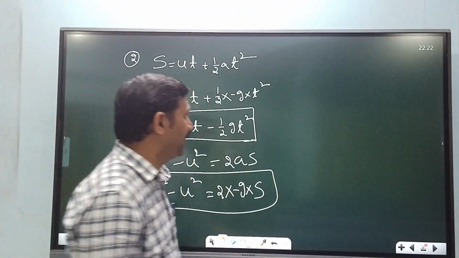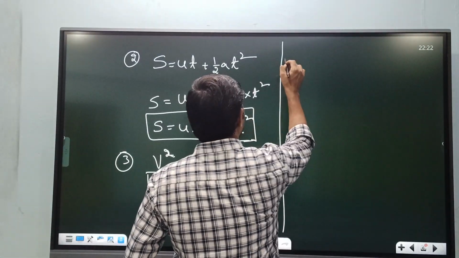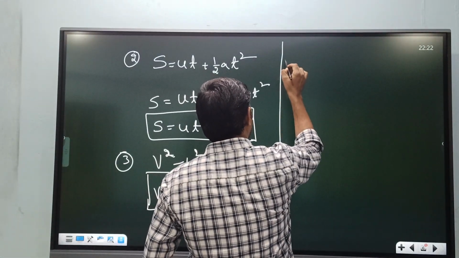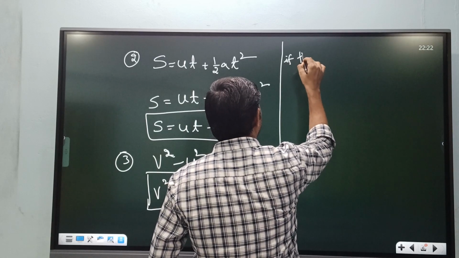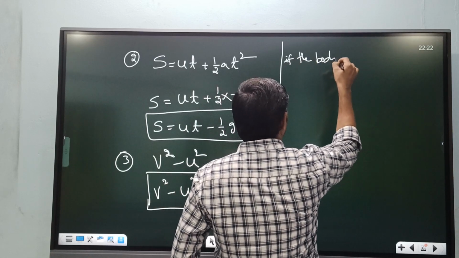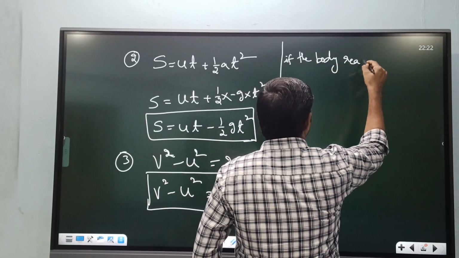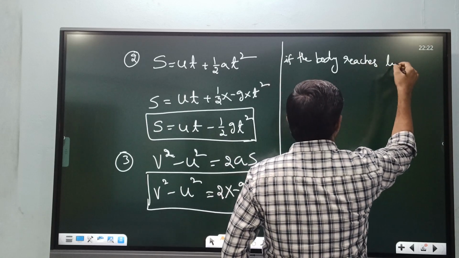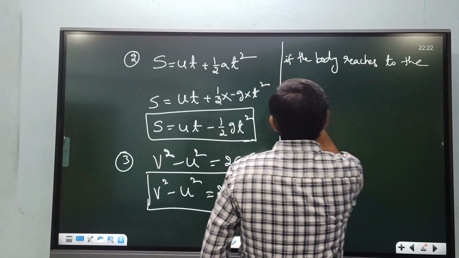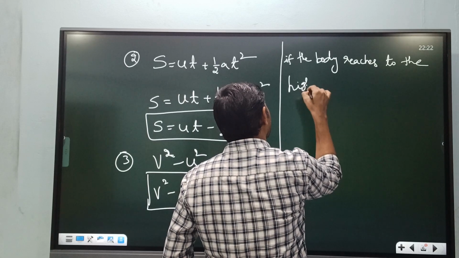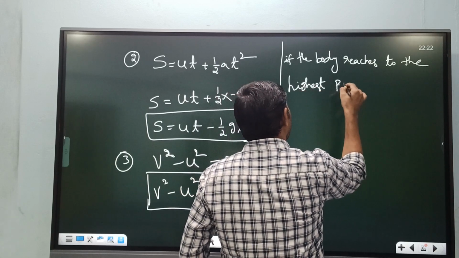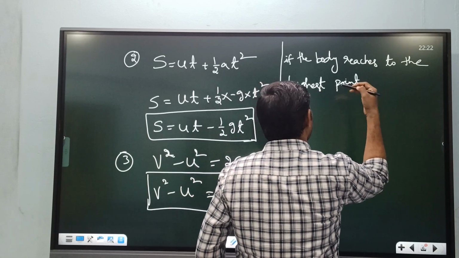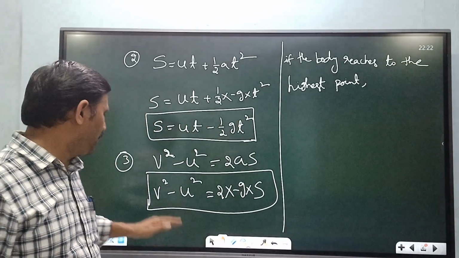Suppose the body reaches the highest point. If the body reaches the highest point, the velocity of the body is 0.